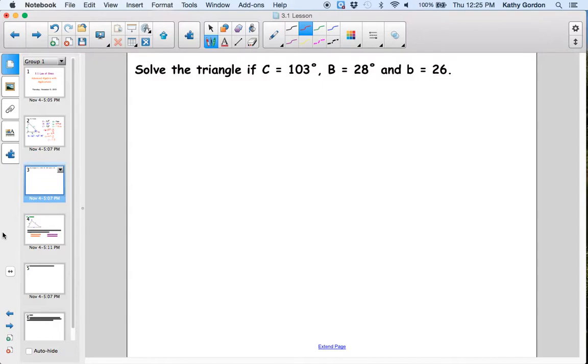Okay? So I'm just going to make myself a quick sketch here. Something like that. I'm going to name this one A, this one B, and this one C. It doesn't really matter, just label them. And so what I know here is that angle C is supposed to be 103 degrees.